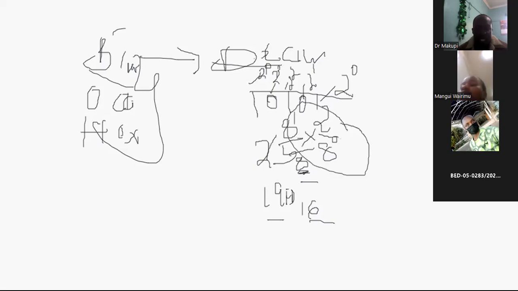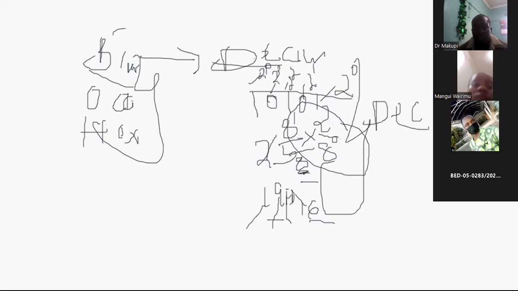This one is 16 raised to 0 multiplied by D, 16 raised to 1 multiplied by F, 16 raised to 2 multiplied by 9, then 16 raised to 3. Increasing powers of that particular base should give you the decimal equivalent. Any other question?